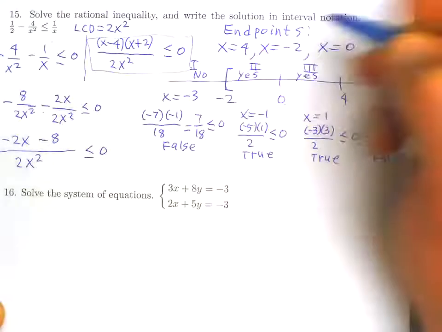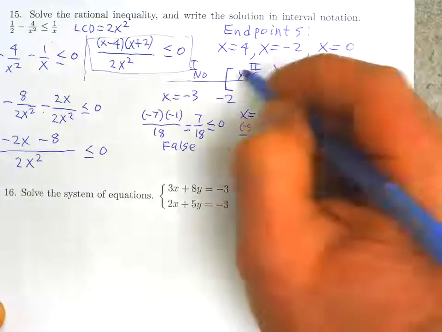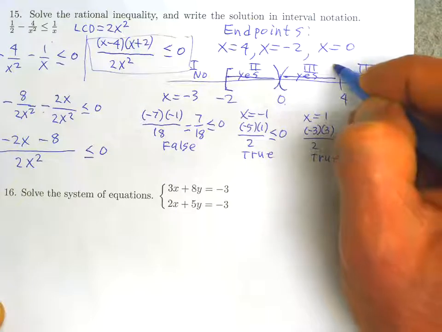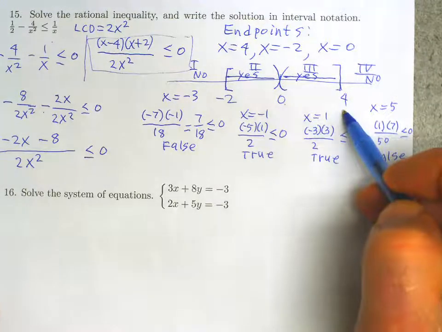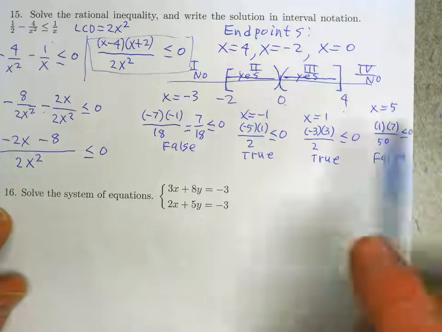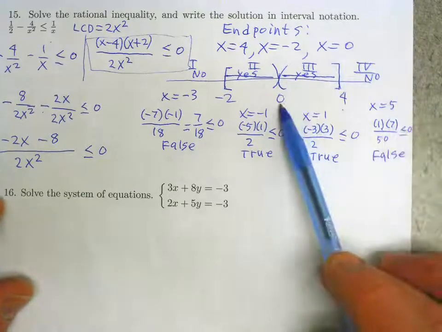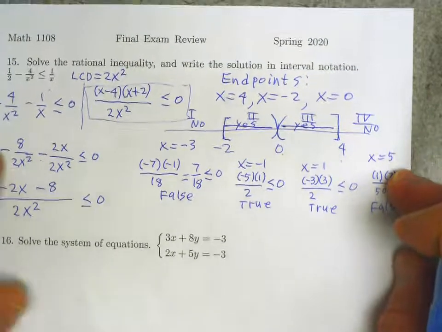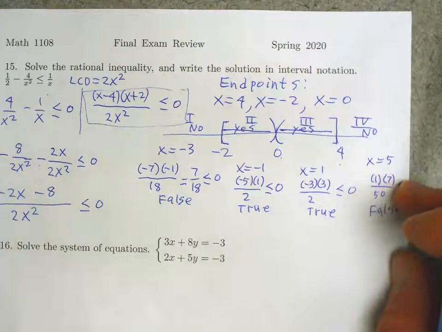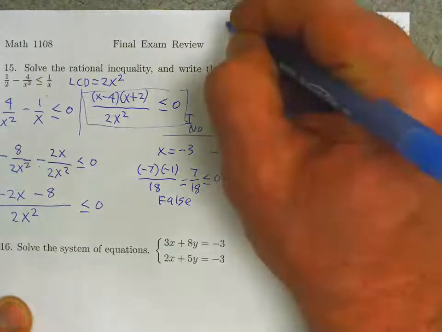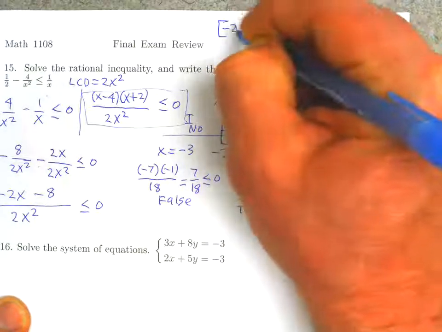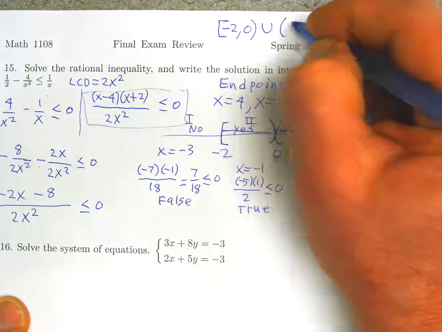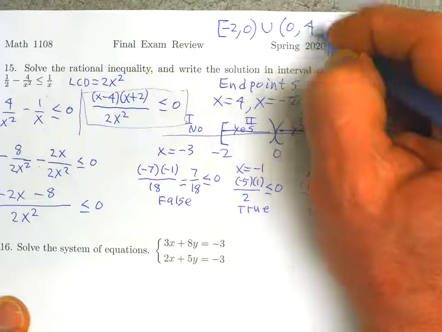So we put a bracket at negative 2 and a parenthesis at 0, and a bracket at 4. Okay, so the interval notation, we're excluding 0. So I'll write it up here. The interval notation is bracket negative 2 comma 0 parenthesis, and then union parenthesis 0 comma 4 bracket.